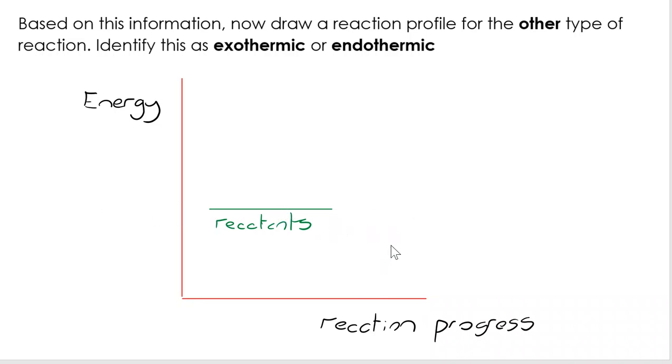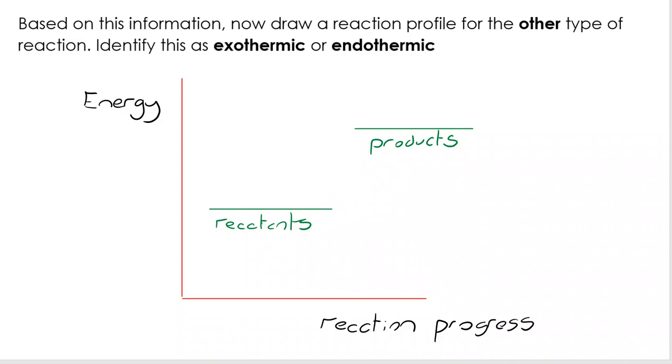Now remember, in an exothermic reaction, energy was lost or released, so the product had less energy. But in an endothermic reaction, heat energy is taken in from the surroundings. That means the products have more energy. So that's the big change that we're going to recognise between the two. But I'm still going to need to put energy in.